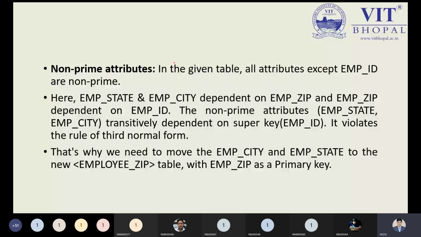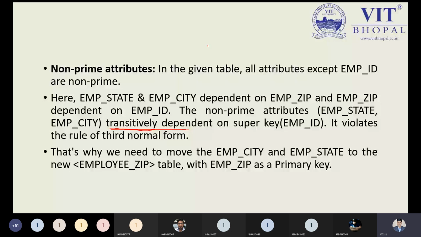The non-prime attributes employee state and employee city are transitively dependent on the super key, the employee ID, and that violates the rule of the third normal form. According to our definition, a transitive dependency is not allowed.